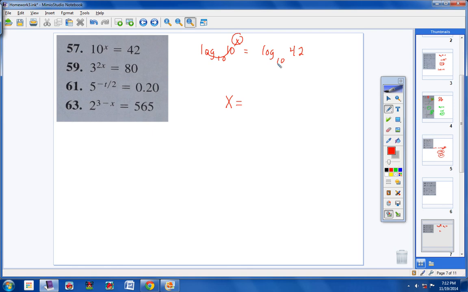And of course, log base 10 is just log of 42, which your calculator does for you. So, type into your calculator log of 42, and you will get 1.623. And this should be the answer to number 57. And it is, yes. Okay, moving on to 59.